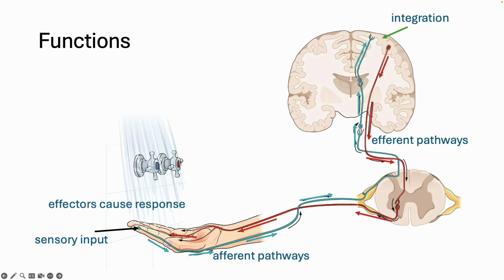The effectors are what cause the response, and they are typically muscles or glands. All right, so that's the overall function of the nervous system. It works with the endocrine system to really regulate our bodies and communicate within our bodies as well.